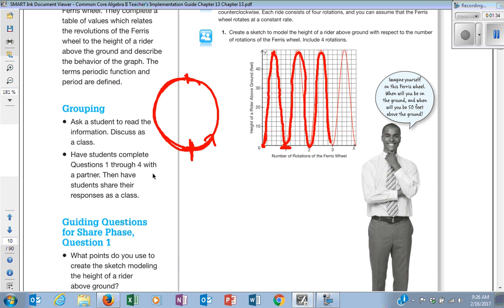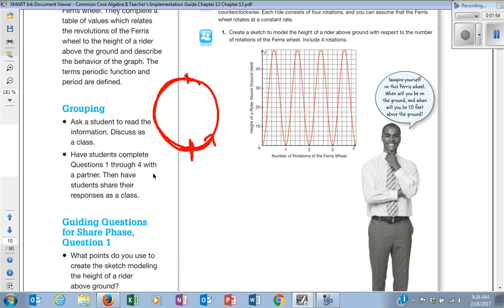But hopefully you realize right here, I don't like this graph just a little bit, because hopefully your Ferris wheel is not hitting the ground, because if you're scraping the ground, it's probably breaking, and that's not good for the Ferris wheel. Technically, it's supposed to be a couple inches off the ground, so it wouldn't be touching.